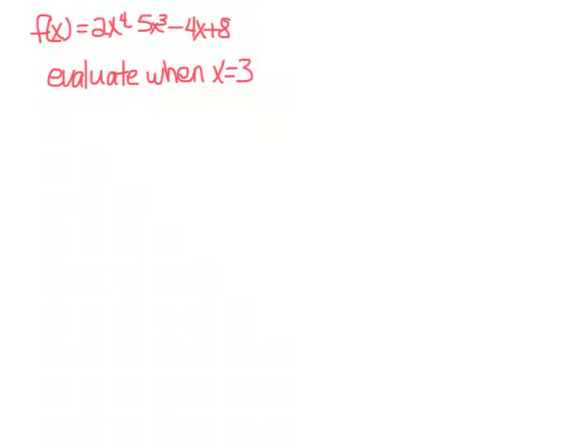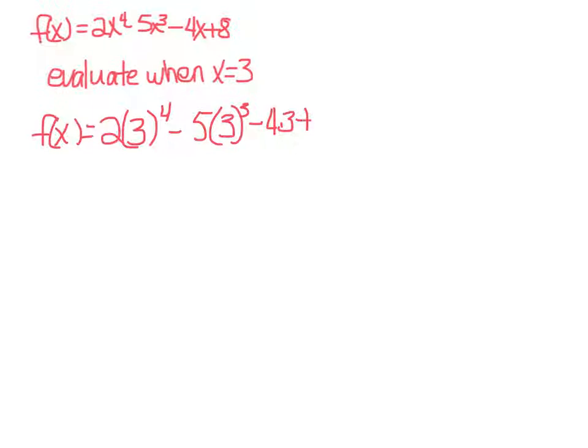Now we are going to look at evaluating polynomial functions. With this function, f of x equals 2x to the 4th minus 5x cubed minus 4x plus 8, the directions say to evaluate when x equals 3. We will do that first by direct substitution, which means that every place that there's an x, we're going to put in 3, so that's 2 times 3 to the 4th minus 5 times 3 to the 3rd minus 4 times 3 plus 8.